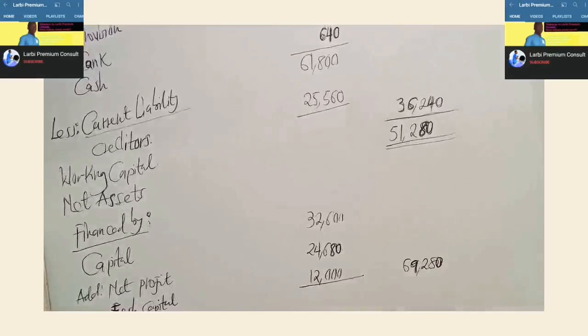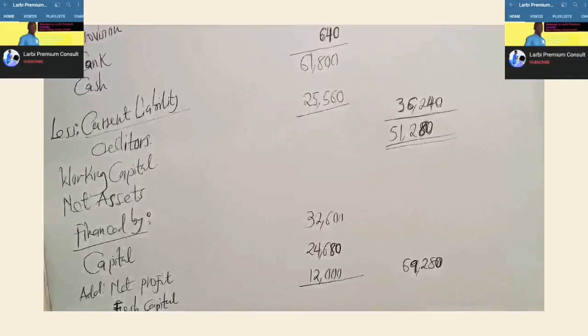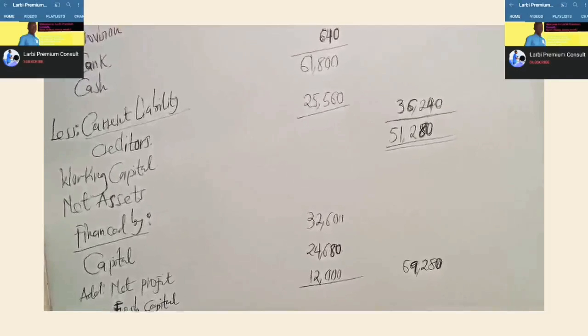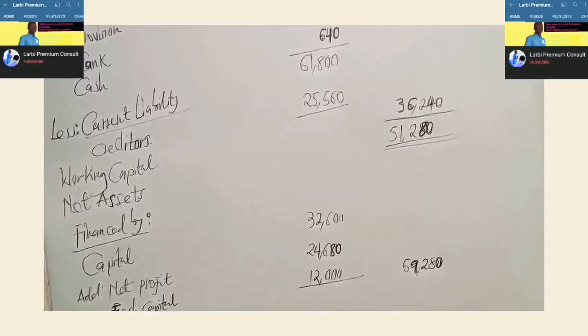Then after getting this figure, I'll less my drawings, if any, and there were drawings in that case. So the drawings figure was 18,000.